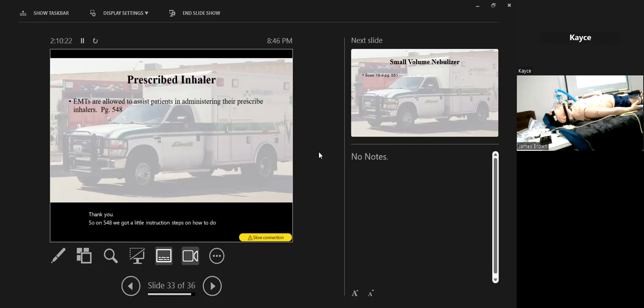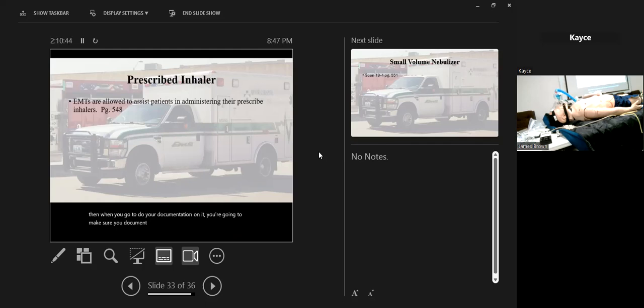And this is where we talk about those rights. If you look on page 558, number 4, it says ensure the 5 rights. Right patient, right time, right medication, right dose, right route. And then when you do your documentation, make sure you document it right.